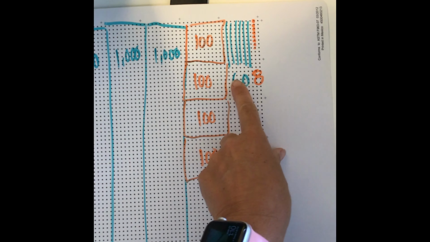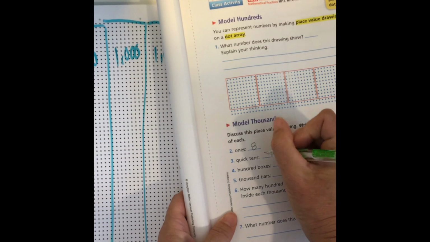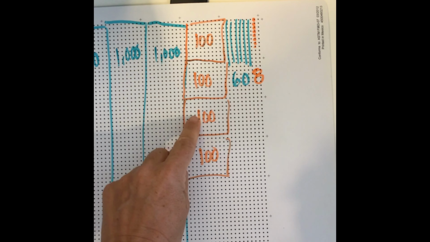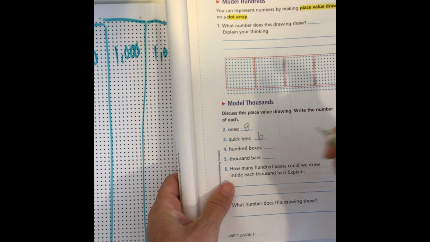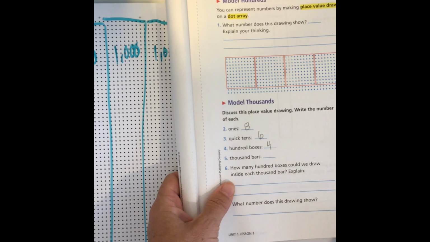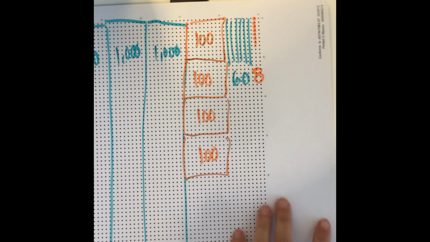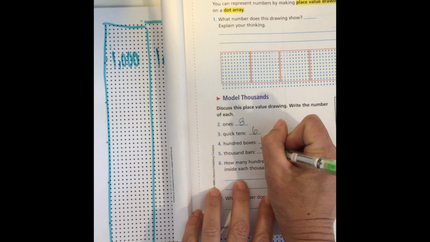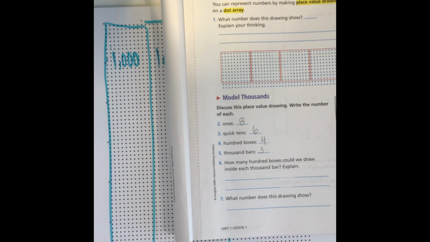We had 6 10s. How many 100 boxes did we have? 1, 2, 3, 4. We have 400 boxes. And how many 1,000 bars did we have? We have 3,000 bars. Okay. All right.